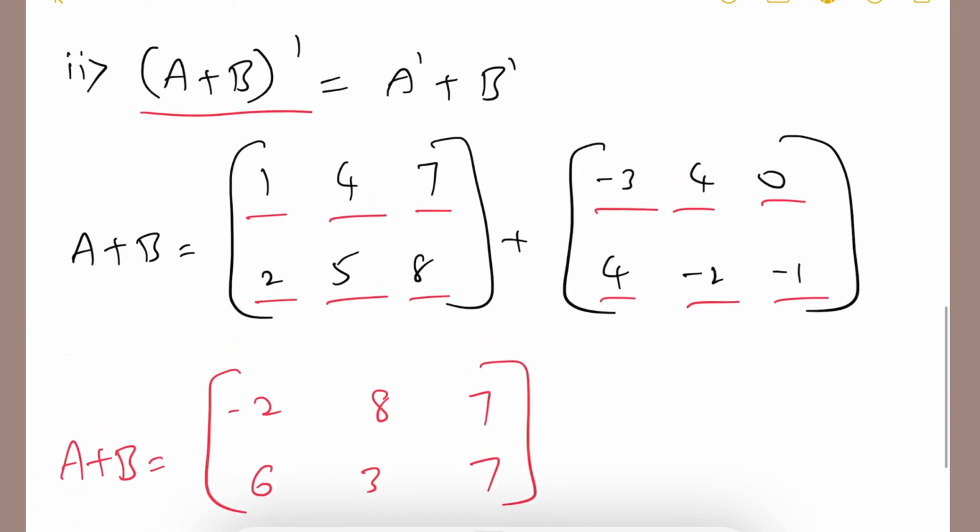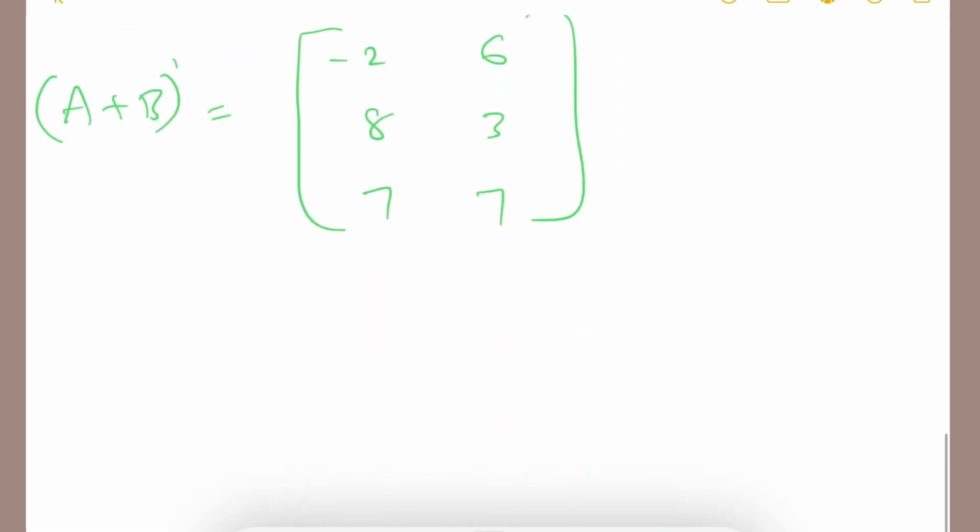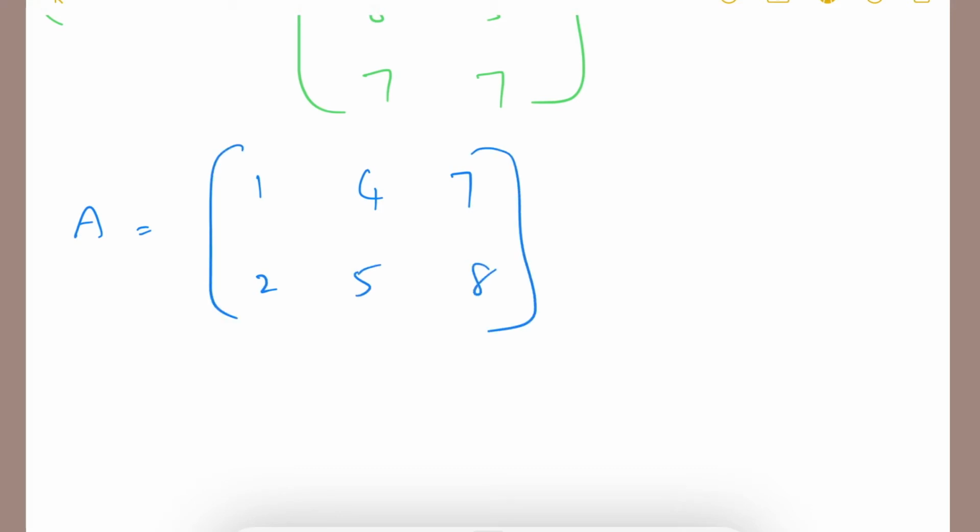Next, we need to find A transpose plus B transpose. So first let me go with A transpose. First, let me write the matrix A. Matrix A is given as [1 4 7; 2 5 8]. For this matrix, we need to find A transpose, which is just interchanging the rows and columns: [1 2; 4 5; 7 8].